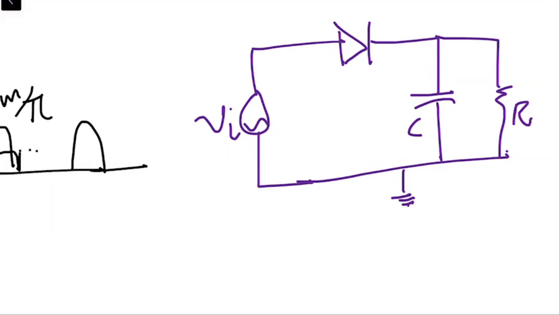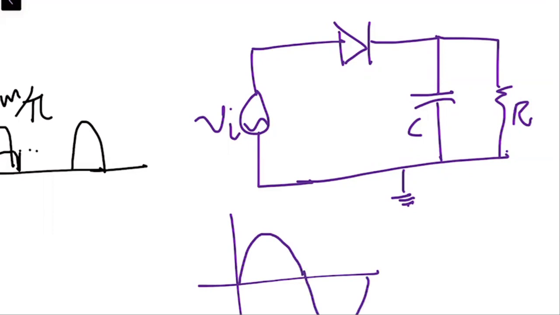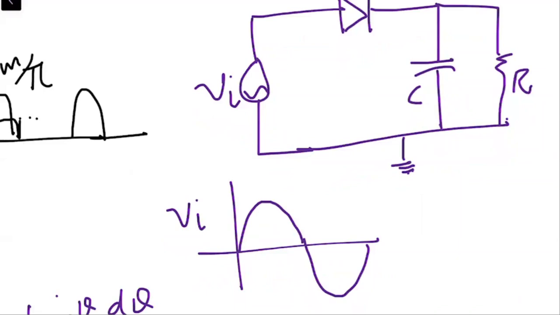Now, if we consider the diode as an ideal diode, then whenever we have the positive half cycle of VI, as the value is increasing, the capacitor is also charging with the value.